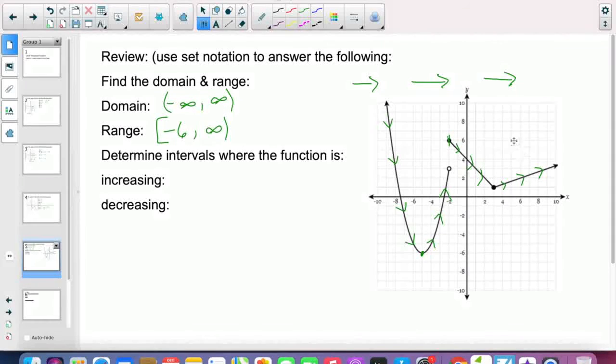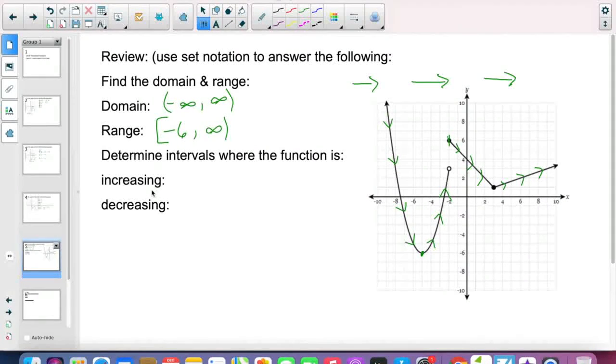Now, when we're talking about intervals where a function is increasing and decreasing, we are talking about the x values for those intervals. The only time we talk about y values in intervals is when we're talking about the range. Otherwise, all interval notation or set notation will be based off of the x values.